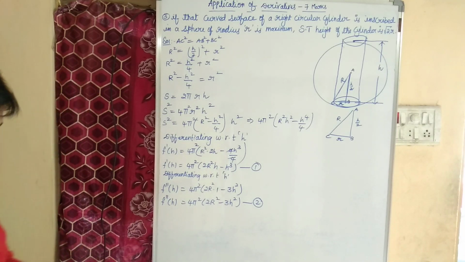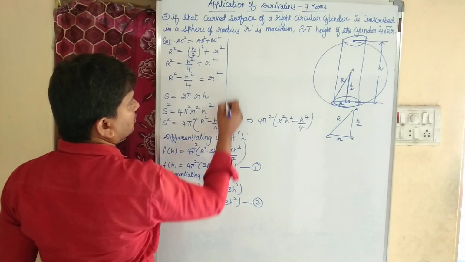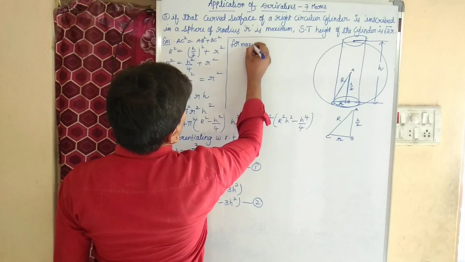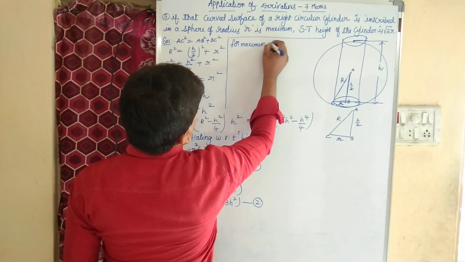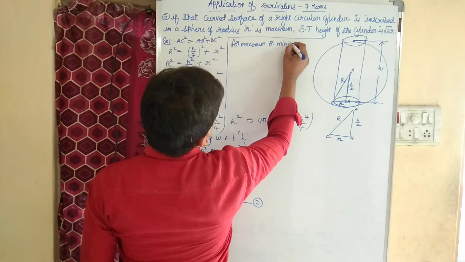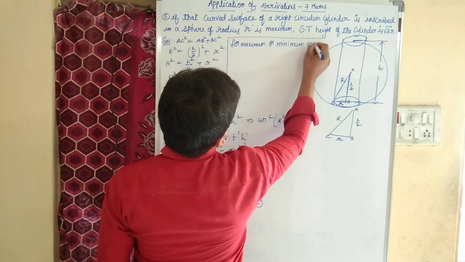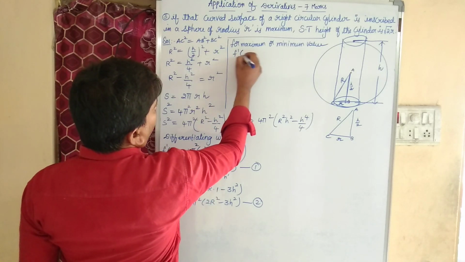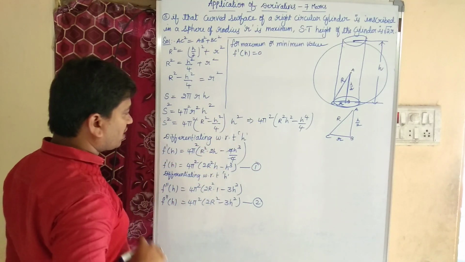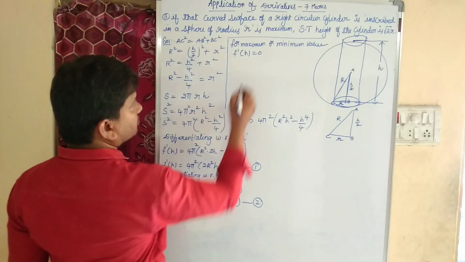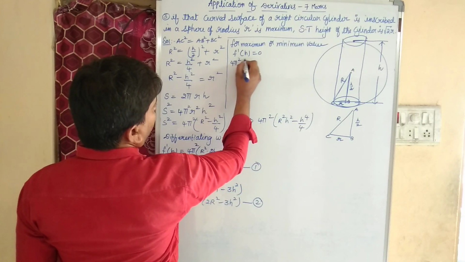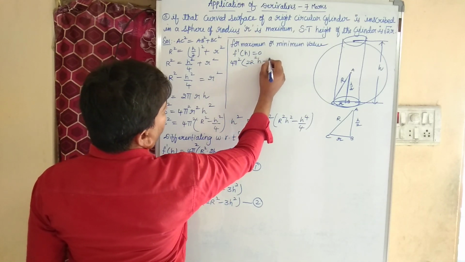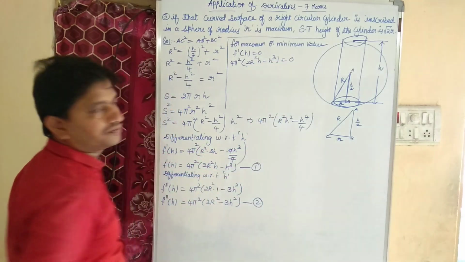So for maximum or minimum value, f dash h equals 0. What is f dash h, children? 4 pi square into 2r square h minus h cube equals 0.